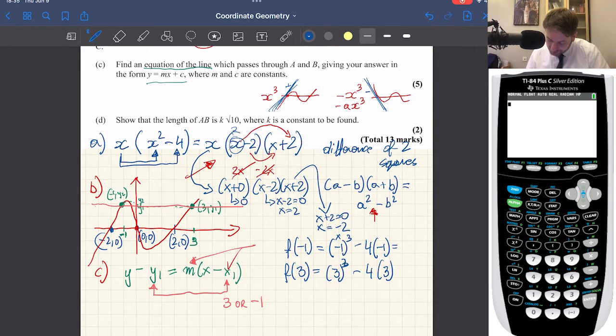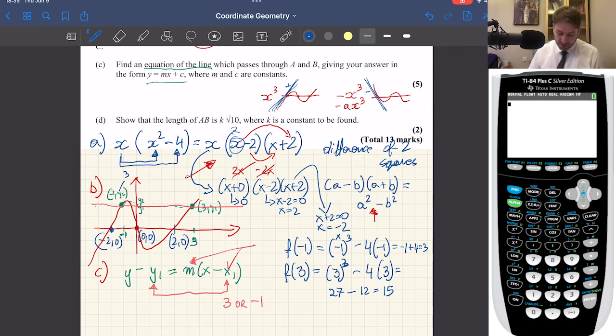What is that? -1 to the power of 3 is -1, and -4 times -1 is +4. So this gives me 3. So now I know this coordinate here is 3. And this coordinate, 3 cubed is 27 minus 12. That gives us a juicy little 15.